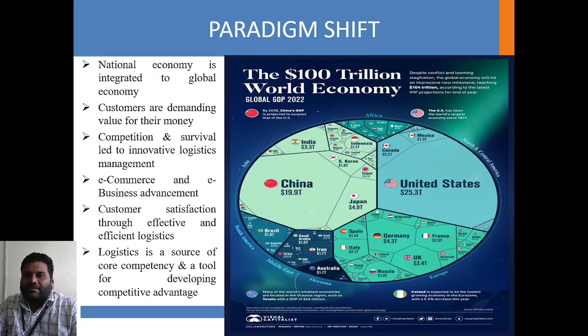Competition and survival led to innovative logistics and management. Basically, we need to be more competitive, and that is where benchmarking is an important aspect. E-commerce and e-business advancements are mainly the business paradigm shift. Amazon, Flipkart, and other companies like that are based upon e-commerce alone. Customer satisfaction through effective, efficient logistics is a key phase right now.